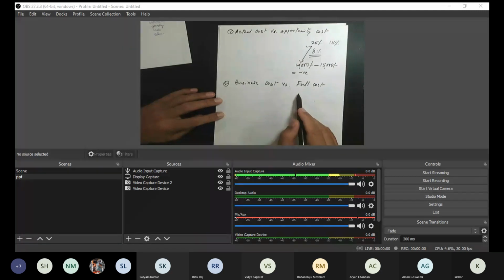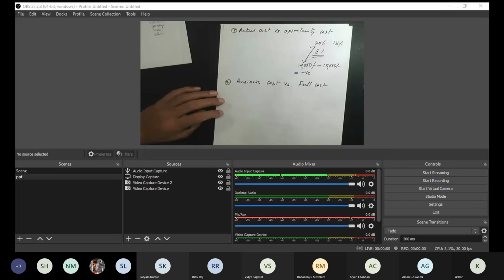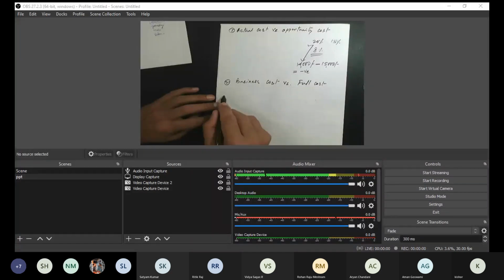Say in your production you expect a return of 12%. If a 12% return is not there, you will not continue with that business. You will just leave that business. Then another cost concept I discussed is explicit cost.